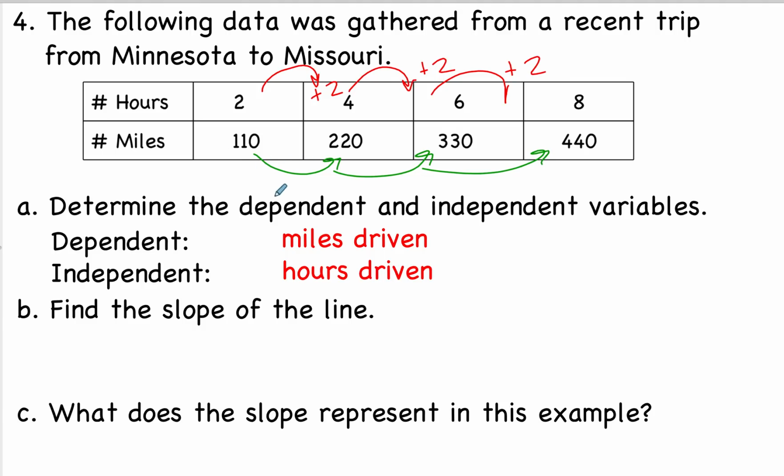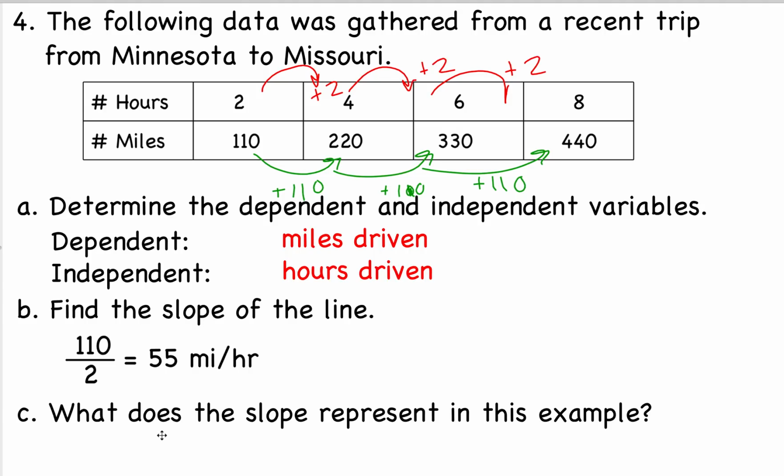How do we get from one to the other? Those are going up by 110 each time. Whoops, should be a 110 there. So to find the slope of the line, all we have to do is take the dependent change divided by the independent change, which is 110 divided by 2, which is 55 miles per hour.